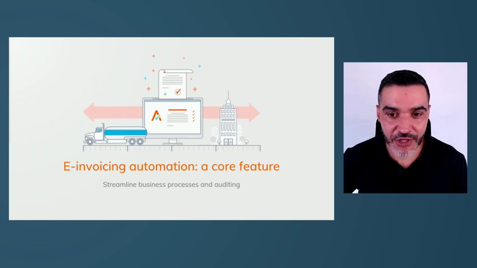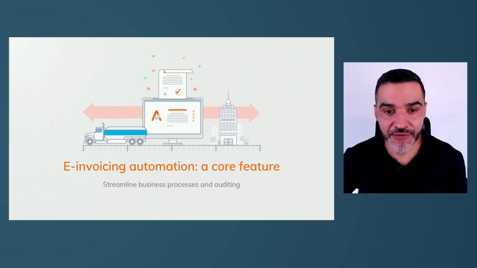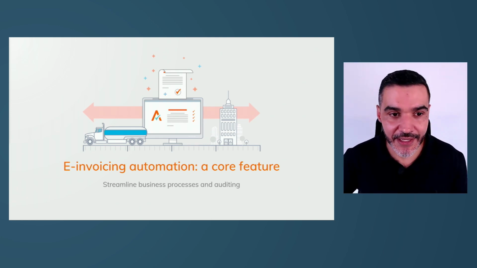The electronic invoice is also what we call a core feature of most modern applications. The electronic invoice is a very rich set of data, and this data can be used in many automation purposes or processes, from logistics to AP to AR and much more.